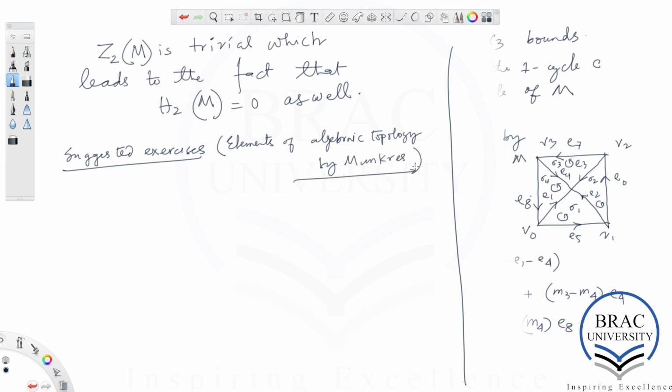Okay, section 5, problem number 1, 2, 3, and 4. Work out these problems and they will be helpful.